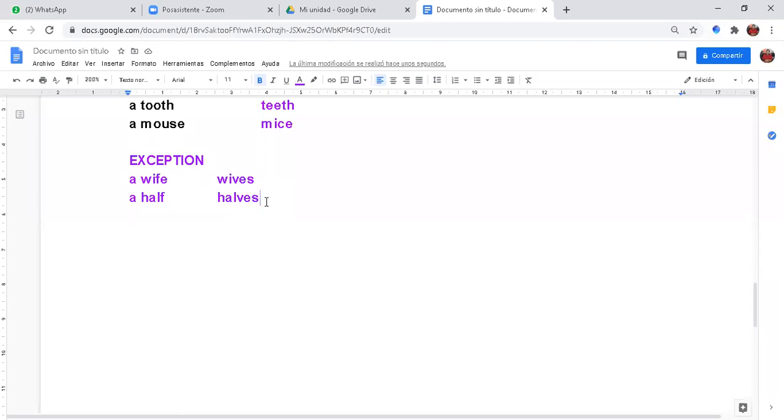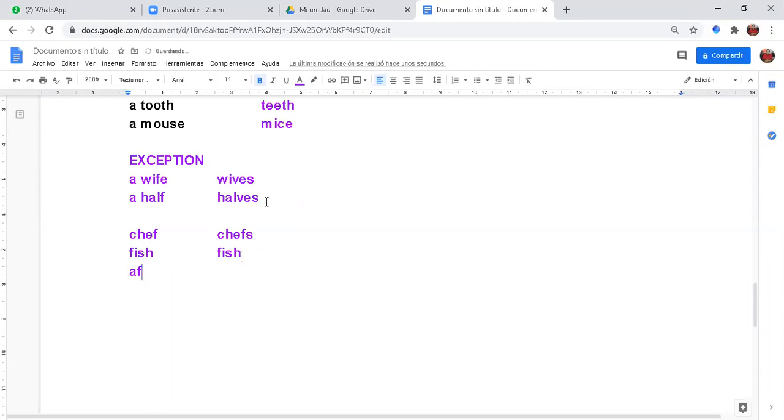Okay, so exceptions. I have here chef, chefs. Fish will be in a different context. It's possible to say a fish, fishes, or just fish in general. It depends.